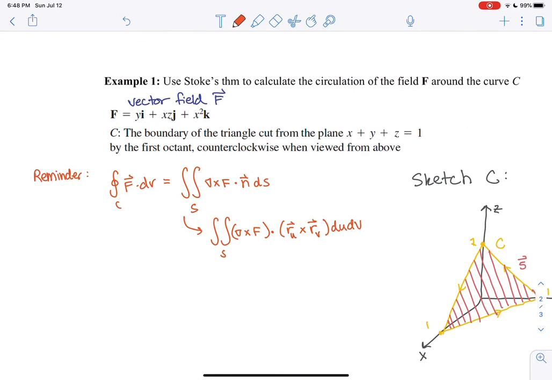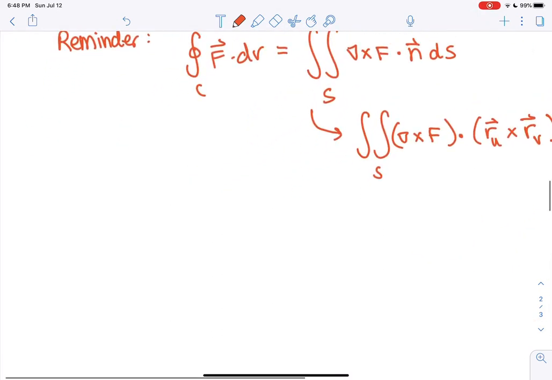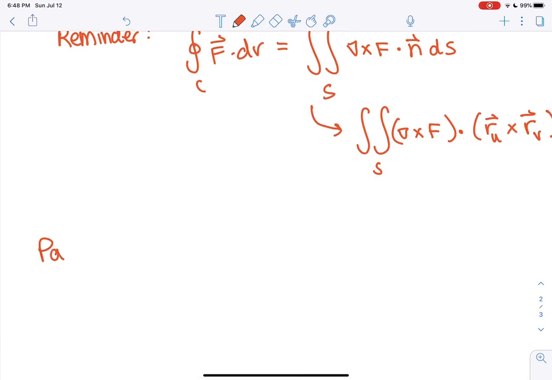The first thing we'll do to get started is parameterize the surface we chose. We need to pick two variables to parameterize with. I'm going to pick x and y.